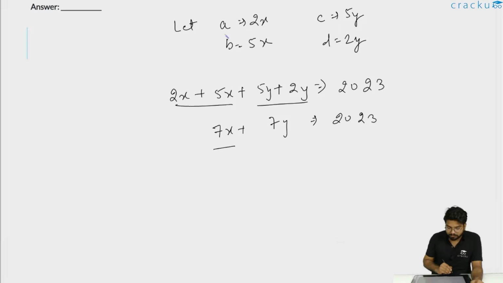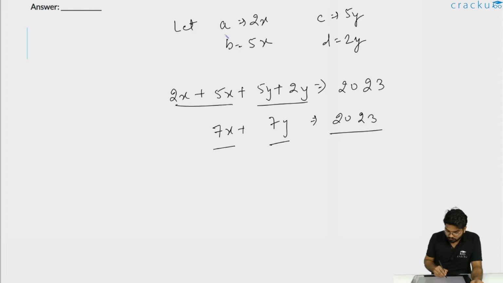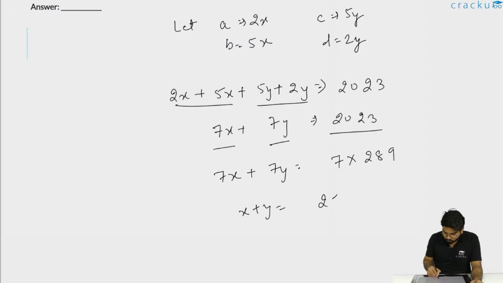Now this number is a multiple of 7, this number is also a multiple of 7, it means this number also has to be a multiple of 7. So 2023 divided by 7 will be 289. So we can write 7x plus 7y is equal to 7 into 289. We can cancel out 7 on both sides. We get x plus y is equal to 289.